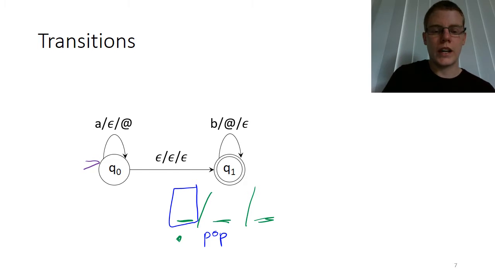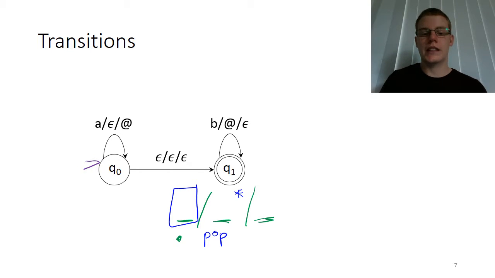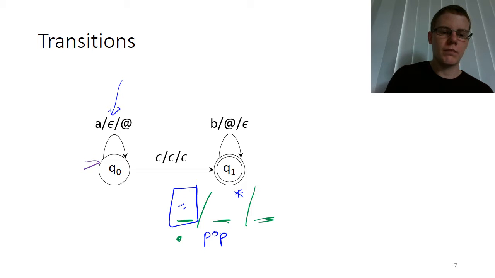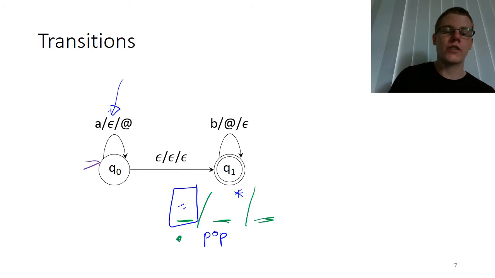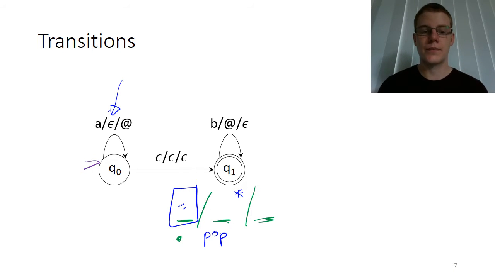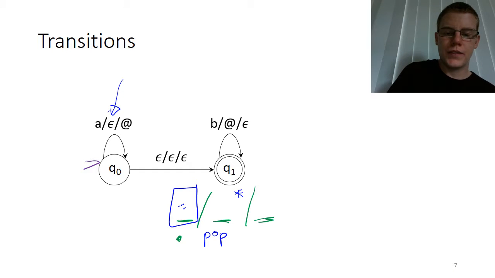So here we can have something in the form of a string over the stack alphabet, and it indicates what we take off of the top of the stack when we follow that transition. So if we see this symbol and we follow the transition, then this bit here gets popped off of the stack first. Now that can be epsilon, so in the case of this very first transition, nothing gets taken off of the stack. The next bit is what we then push back on top of the stack.